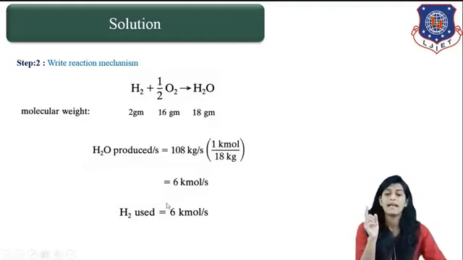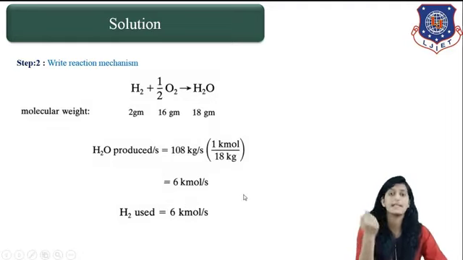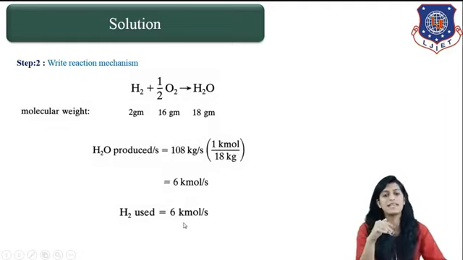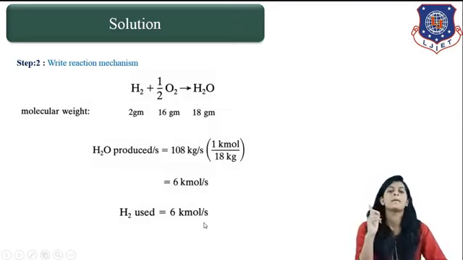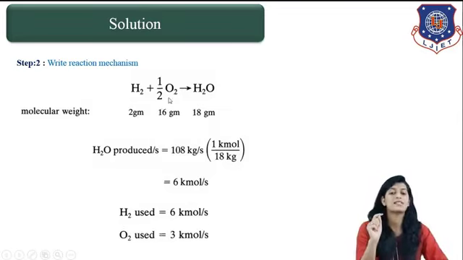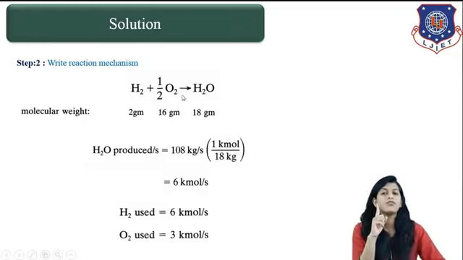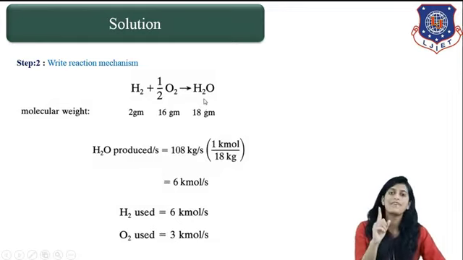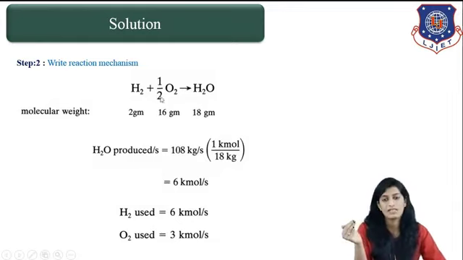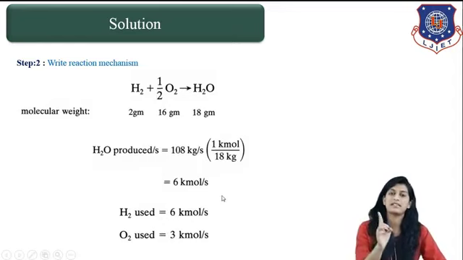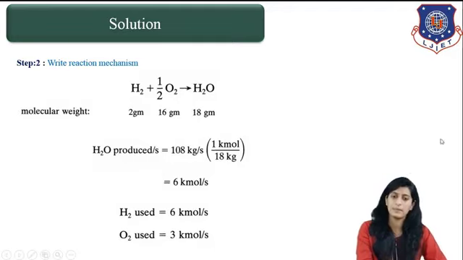Since H2O produced is 6 kilomole per second, hydrogen used is also 6 kilomole per second. Next is oxygen used. From this stoichiometric equation, for forming 1 mole of product, we need half a mole of oxygen. Since 6 kilomole per second is the final product, we need 3 kilomoles per second of oxygen for this particular case.